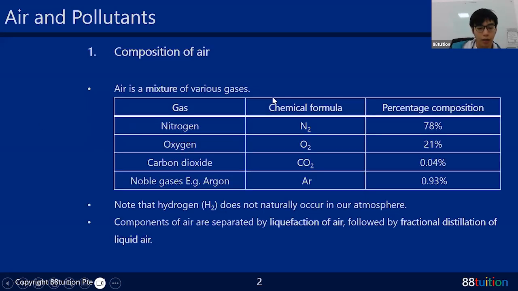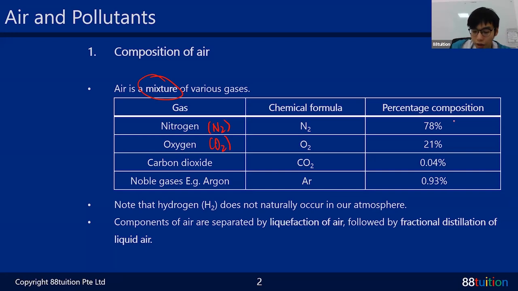Okay, we go through very quickly first the composition of air. The air that you are breathing in now is basically a mixture. Those are need-to-know. Generally, your air is comprised mostly of two gases: nitrogen, which is N2, and oxygen, which is O2.